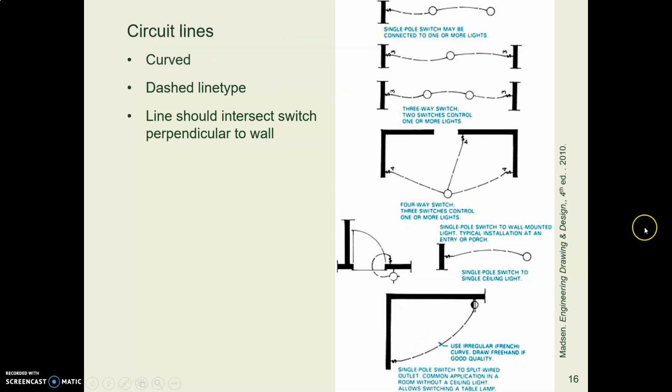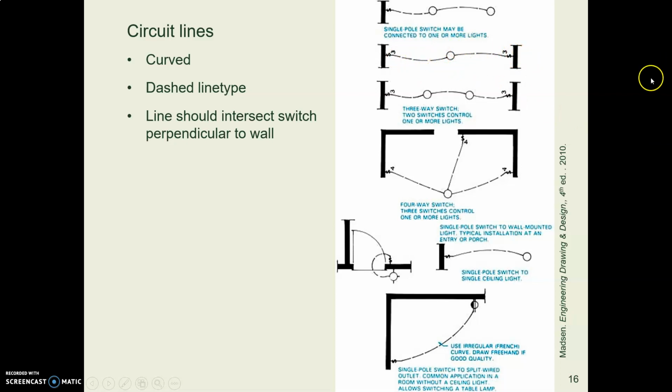Now, the lines that connect switches and fixtures and outlets are, first of all, curved. They're not straight lines. We need to make them stand out so everybody can see right away this is not a piece of the wall. This is something else. This is an electric wire. So we make them curved, and we make them a dashed line type.